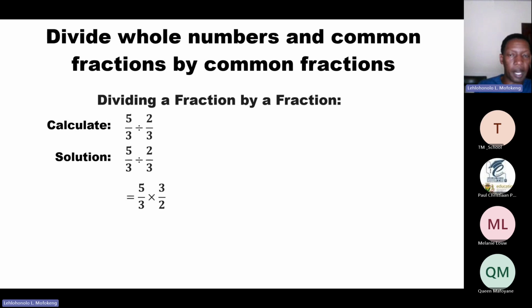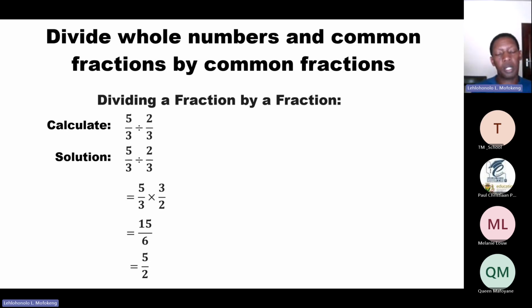So we multiply by the inverse of 2/3, which is 3/2. And then when we multiply, we get 5 times 3 is 15, and 3 times 2 is 6. And then the answer that we got is 15 out of 6.